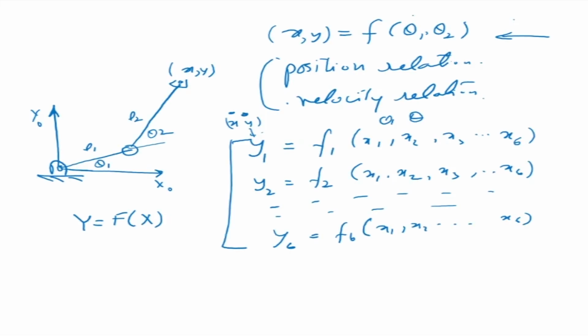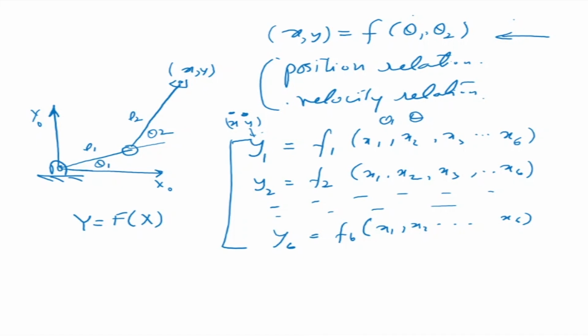I want to find x dot and y dot, that is basically the velocities, right? And there are how many variables? Theta 1, theta 2, theta 3 up to 6, or x1, x2 up to x6. So I can write it this way.